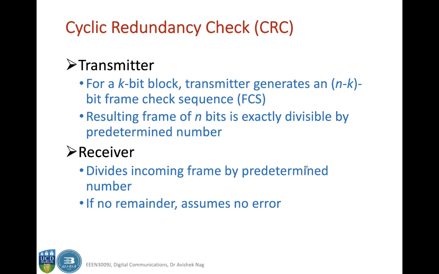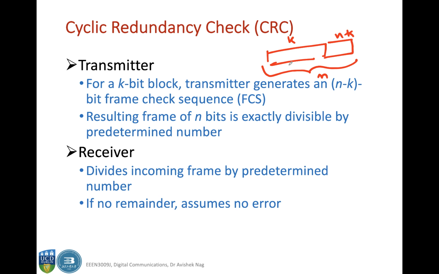For cyclic redundancy check, in the transmitter you have a k bit block, and the transmitter generates an n minus k bit frame check sequence. So you have k bits, and then you have n minus k, so the total is n.